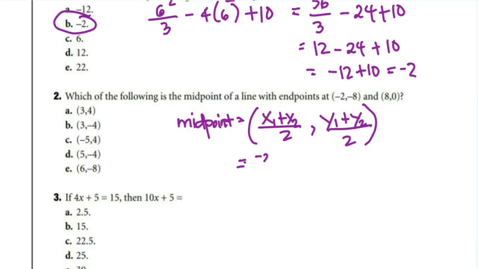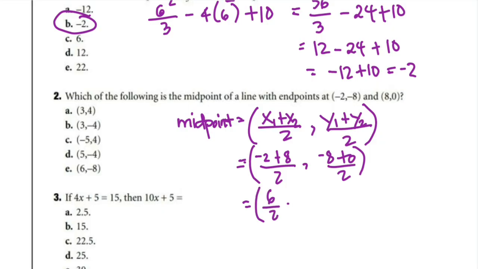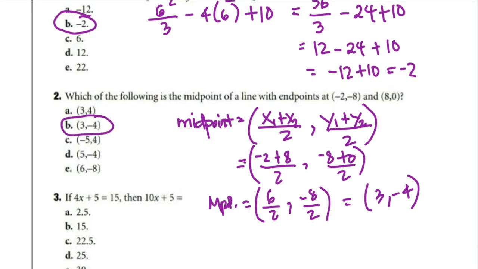So x1, negative 2 plus 8 over 2. Then y1, negative 8 plus 0 over 2. This is 6 over 2, negative 8 over 2. So what is this? 3, negative 4. So this is now the midpoint. Which letter is that? 3, negative 4. So that is letter B.